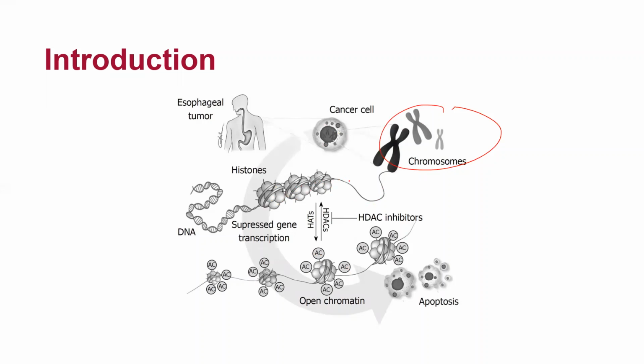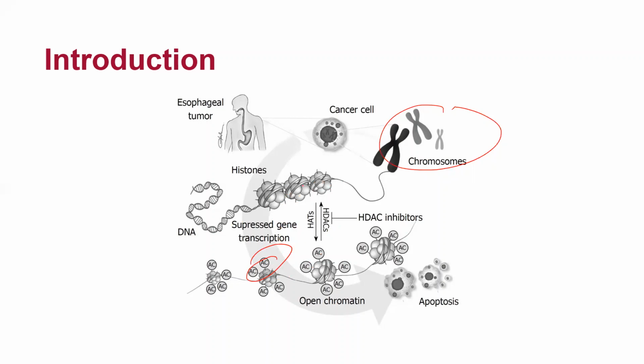Some of the genes in the DNA code for suppression of the proliferation of the cell, right? This expression can be switched on or off by epigenetic markers, for example, acetyl groups that are attached to the histone proteins, right?